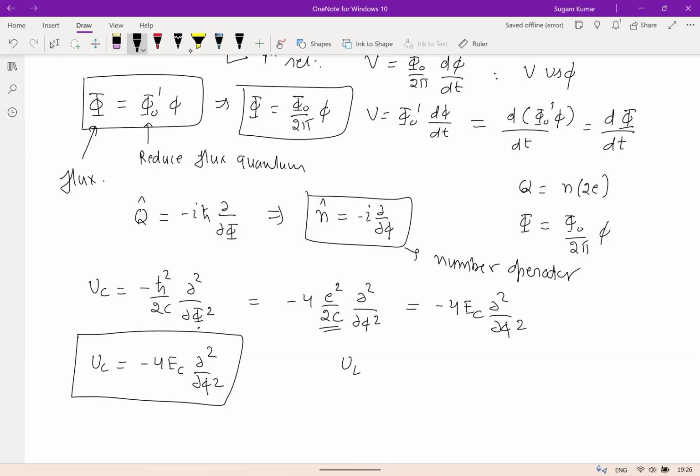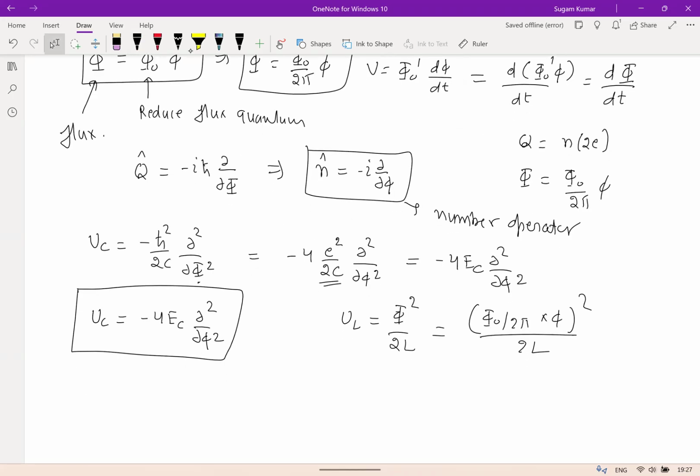Similarly, this UL, the energy in the inductor, that is equal to phi square by 2L. If I put the value of phi naught upon 2 pi and whole square, also equal to phi whole square upon 2L, then you can see that from there you can get another energy.